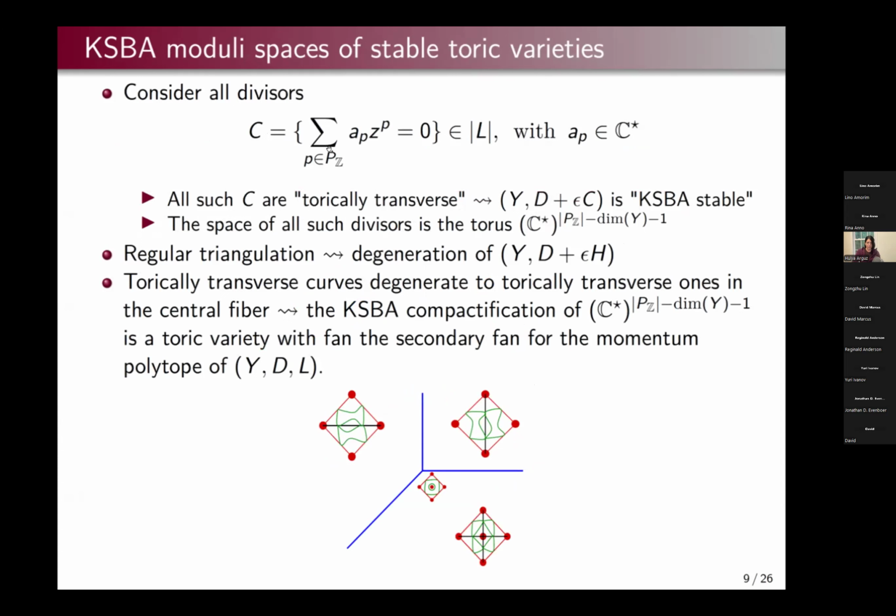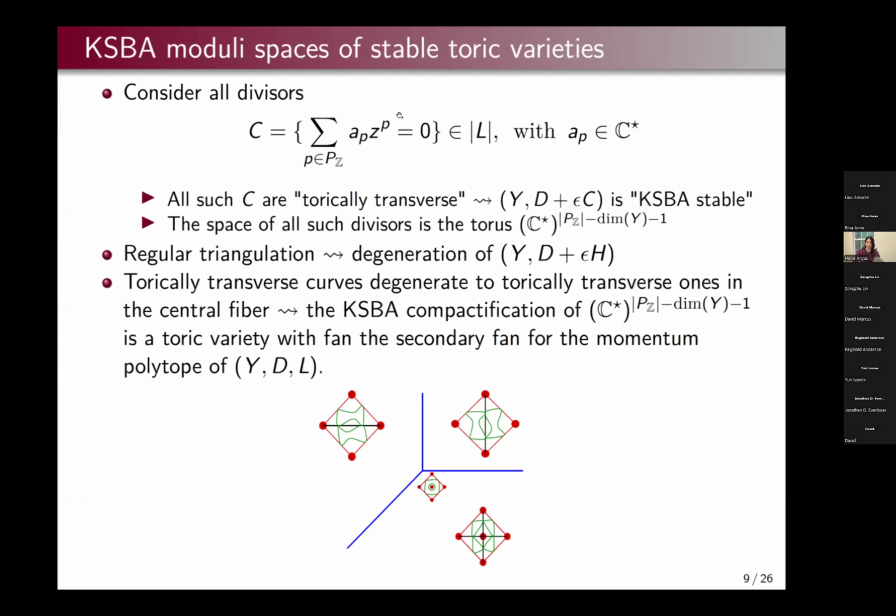And just to give an intuition on why this space is a toric variety, consider all the divisors given by equations the sum of a_P z^P equals 0, indexed by integral points, where z^P denotes a monomial basis.